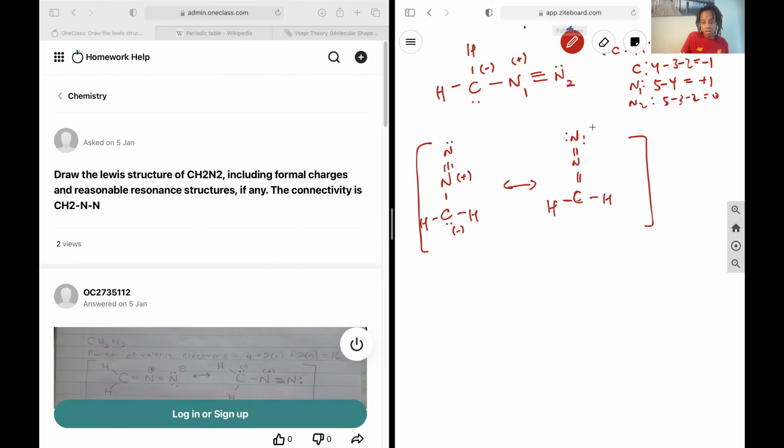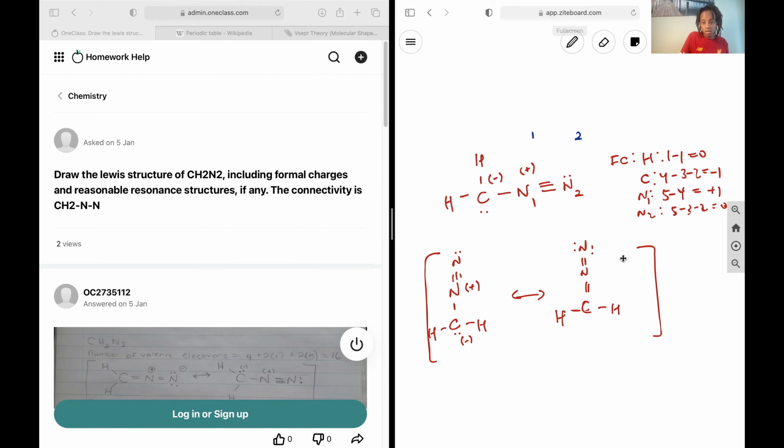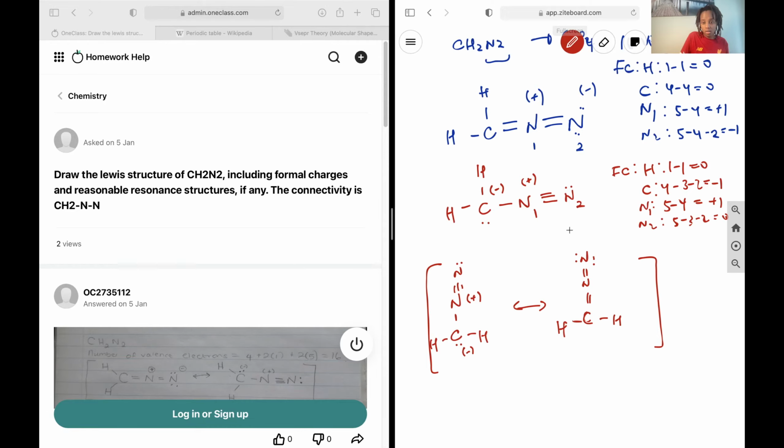And there we go. Those are our 2 resonance structures, and that's it.